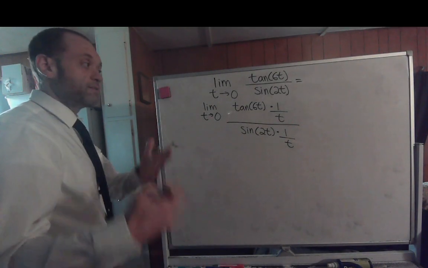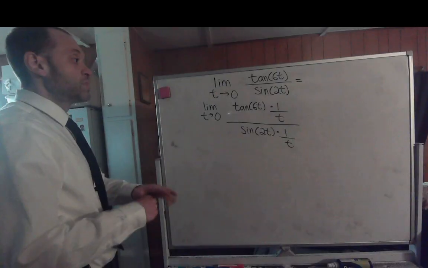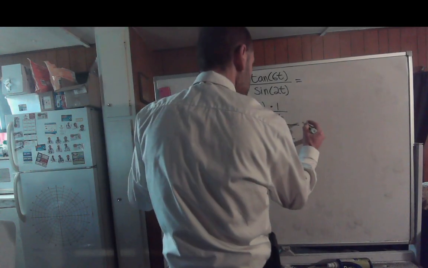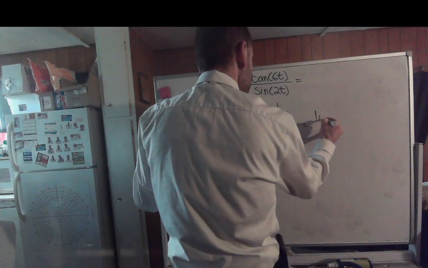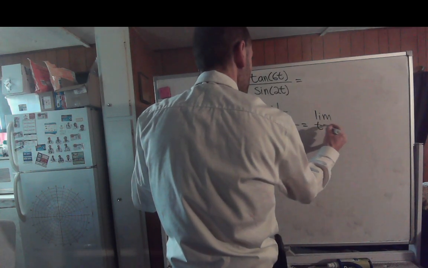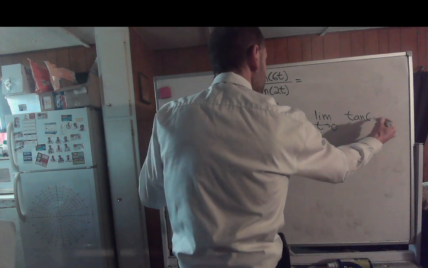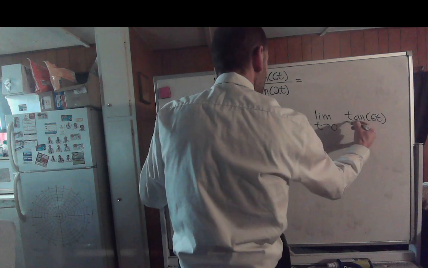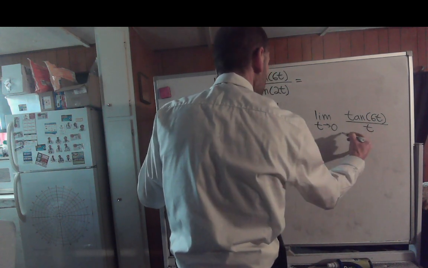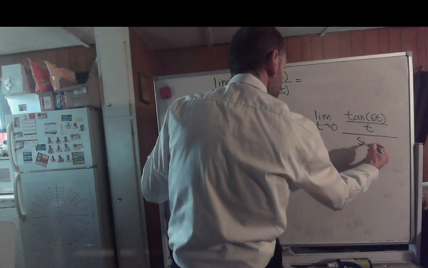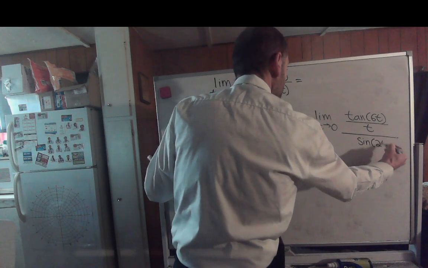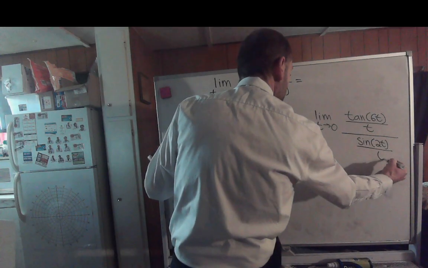This is just putting it in a form we can work with. So what you'll get is the limit as t approaches 0 of the tangent of 6t all over t, all over the sine of 2t all over t.